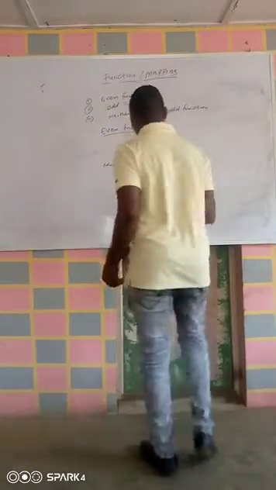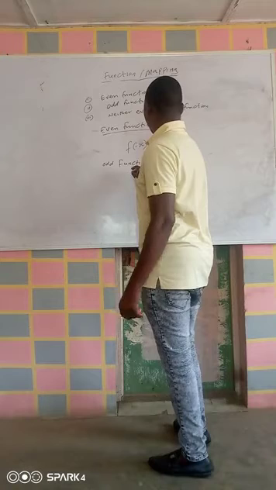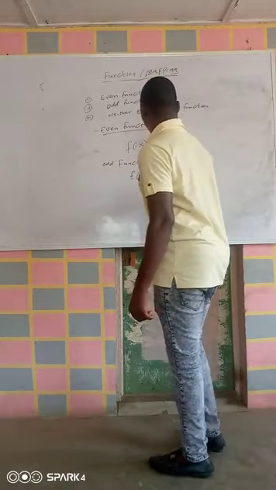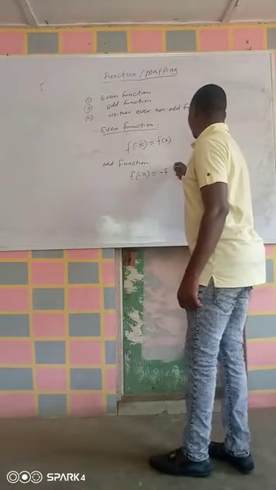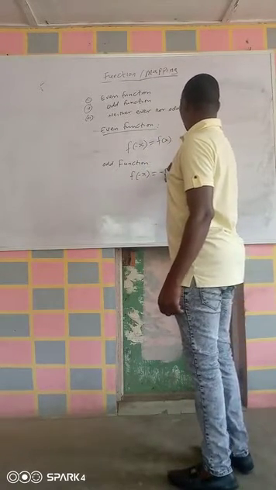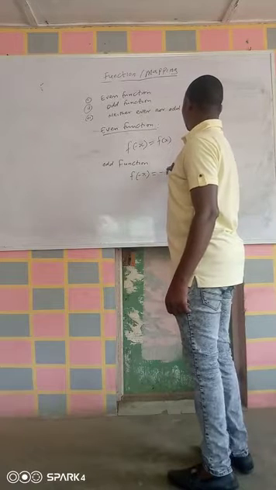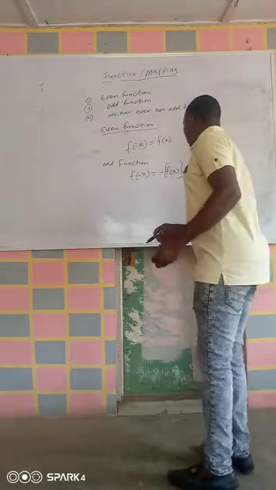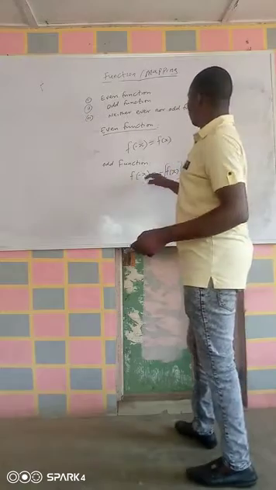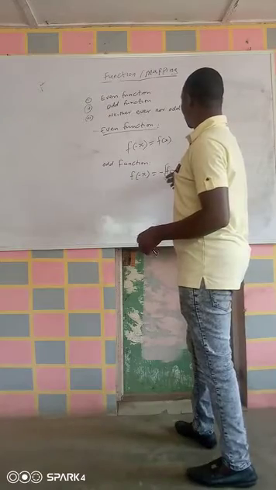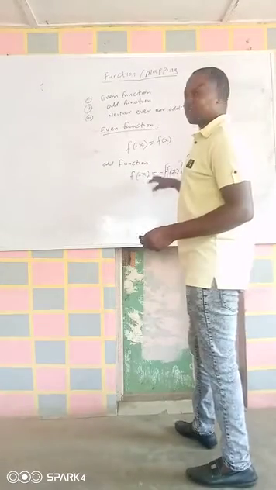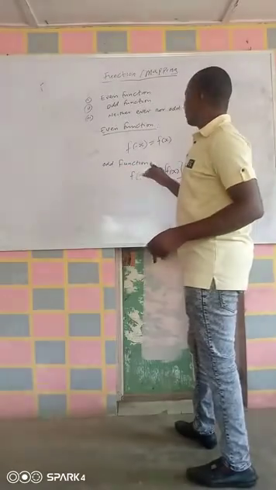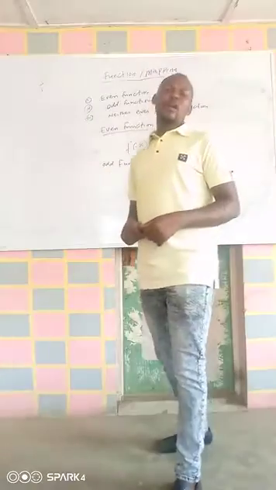For example, this can be illustrated using f of minus s equals minus f of s. Yes. So if you substitute it, we see that the original function is gotten, but multiplied by a negative.